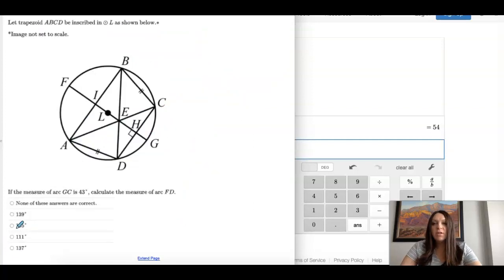All right, let's look at another one. So now we have a trapezoid inscribed in a circle, and we know the measure of GC is 43. All right, and we're trying to find the measure of F to D, so right here.